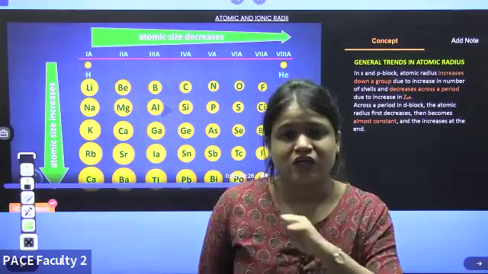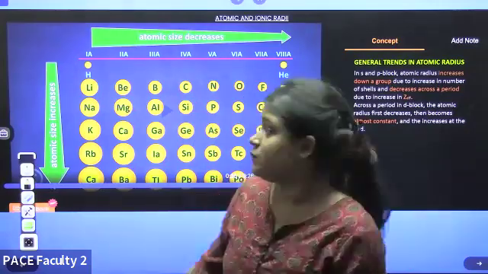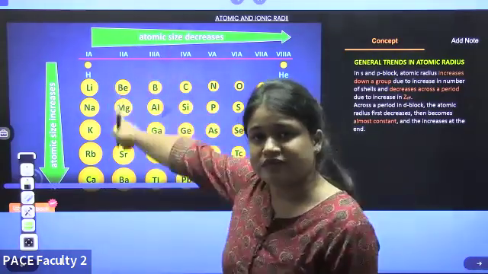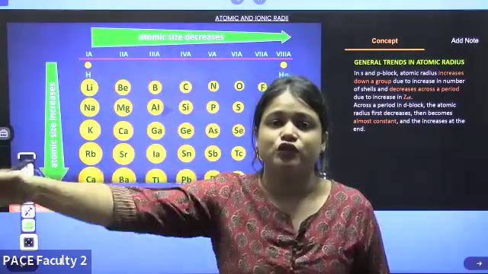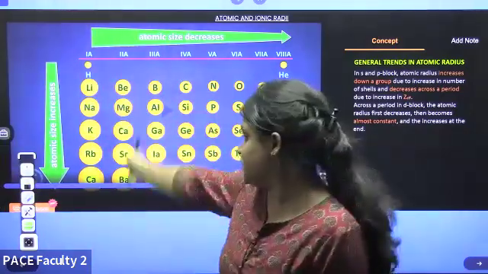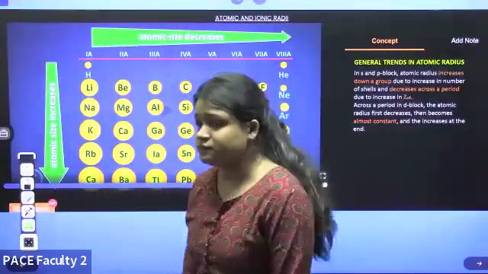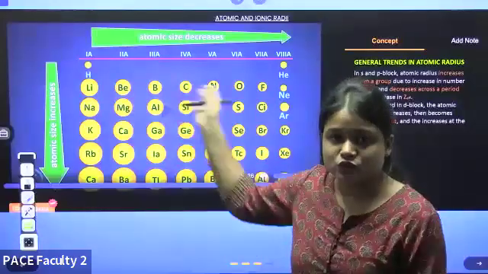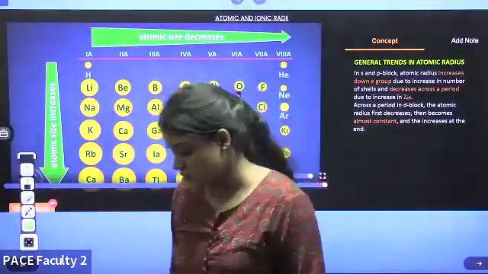That is why it is decreasing. But in case of a group, there is an addition of a new shell altogether. Here there are two shells. Cesium में there are 7 shells. Here it should be cesium, not calcium. So in case of left to right, the size decreases. On top to bottom, the size increases.